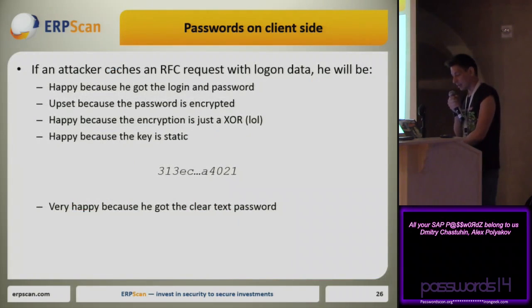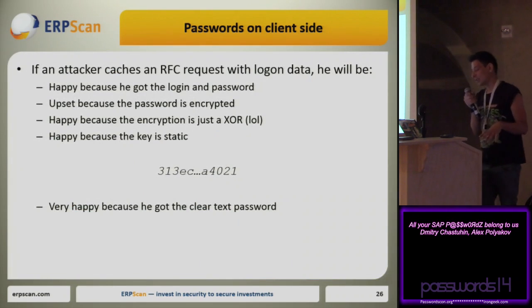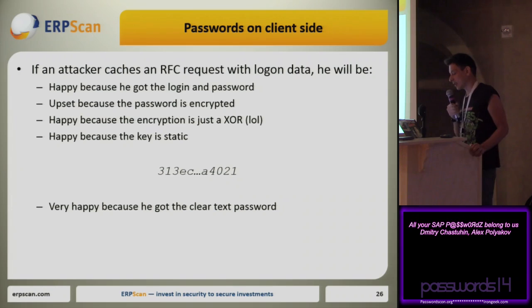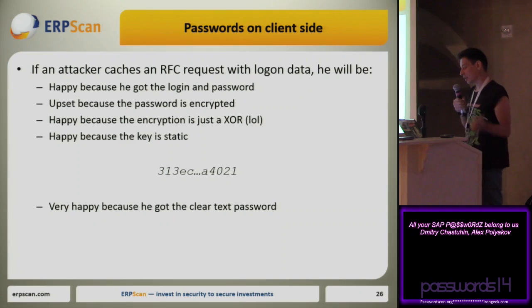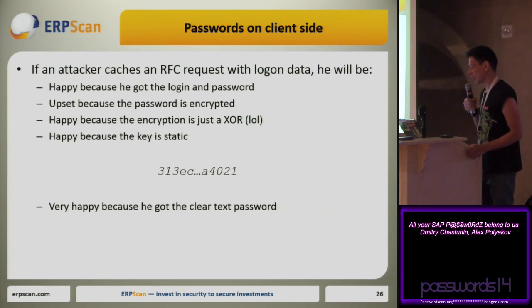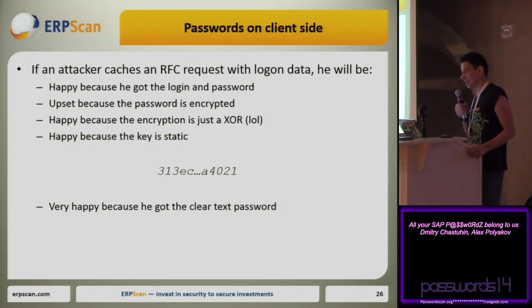As I said, if an attacker intercepts an RFC request with login data, he will be happy because he got the login and password. But then he realizes the password is not clear text, because it is encrypted. After a few experiments, we found that again XOR is used for encryption, and again a static key.